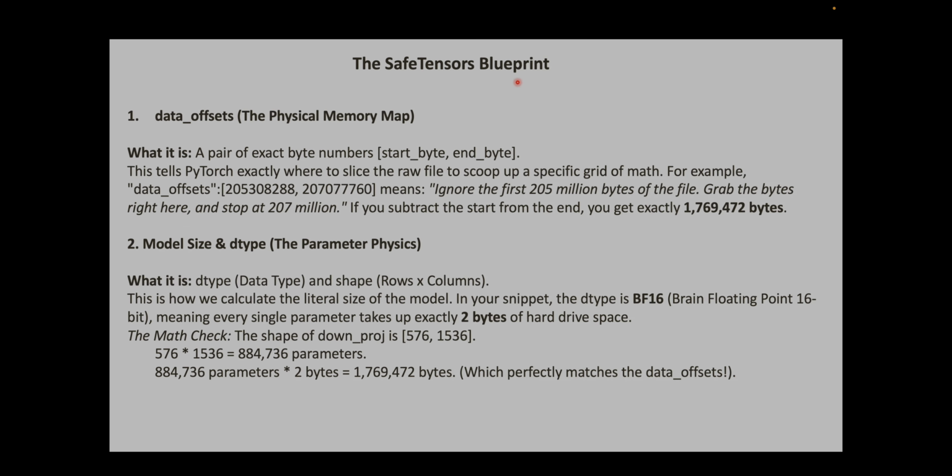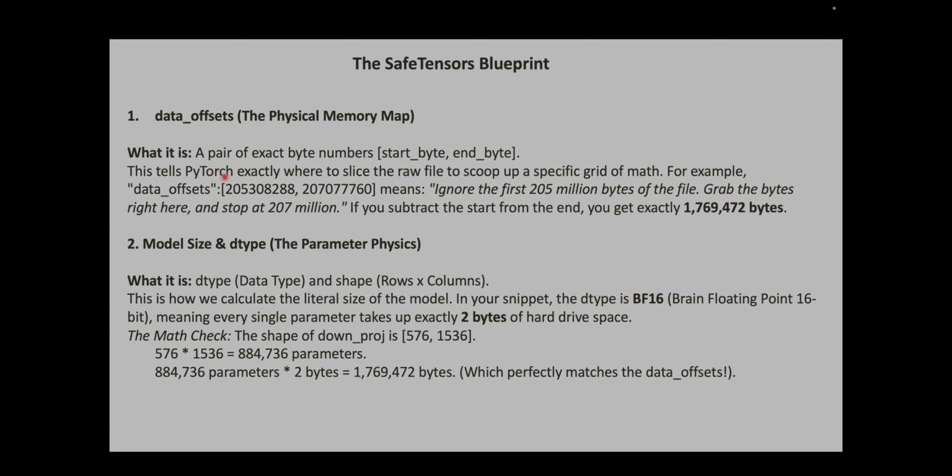Now, the safetensors blueprint. This is important to understand from the size point of view and how the model file is actually categorized. It has multiple things. One of them is data offsets, the physical memory map. It is a pair of exact byte numbers, start byte and end byte. Remember this format, start byte and end byte.